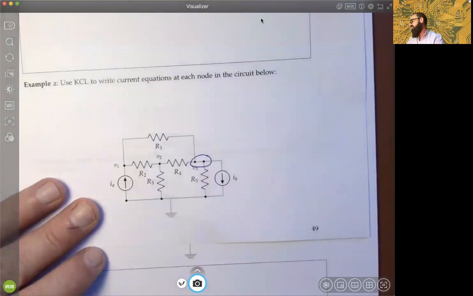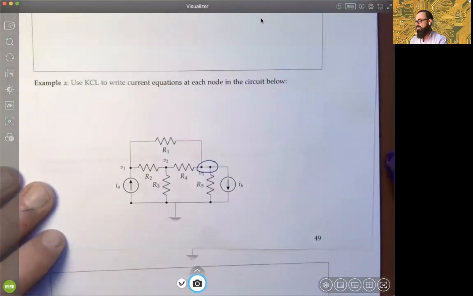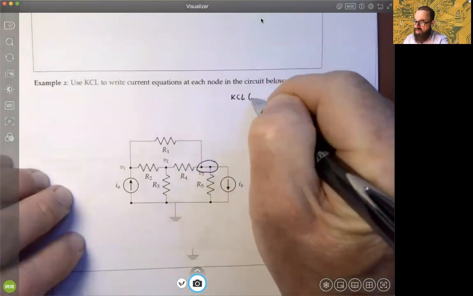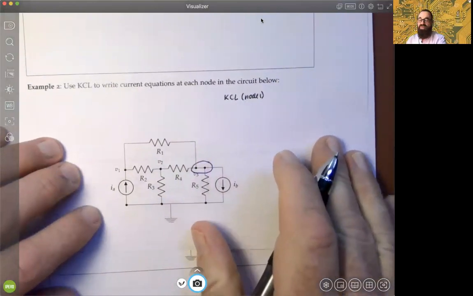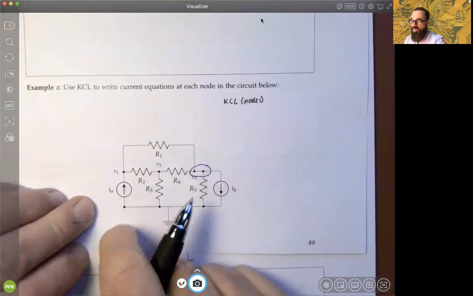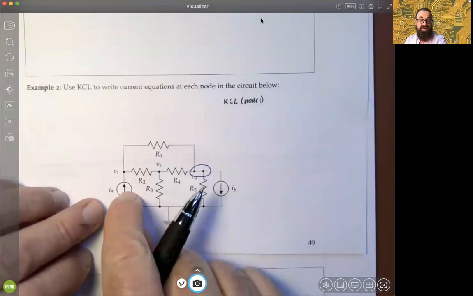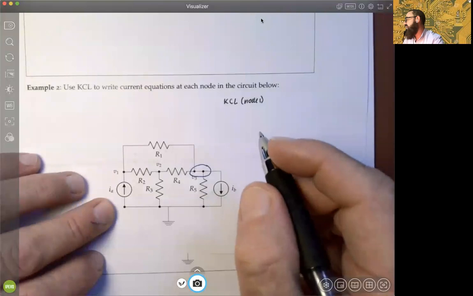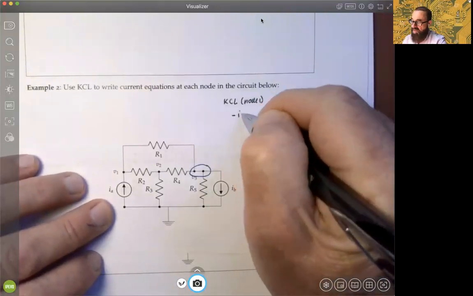And what I'm going to do is write KCL at all 3 nodes. So we'll do KCL, starting with node 1, which is over here. We're representing outgoing currents, remember? But we have an incoming independent current source. So right off the bat, if it's outgoing, we'll have minus IA.